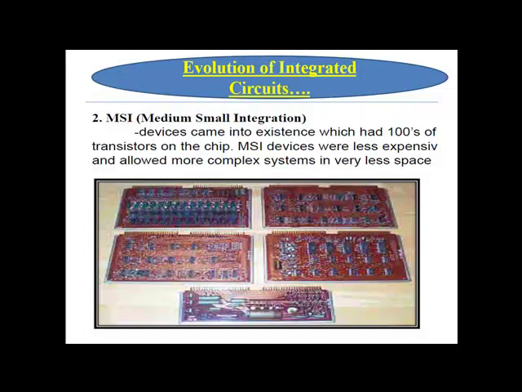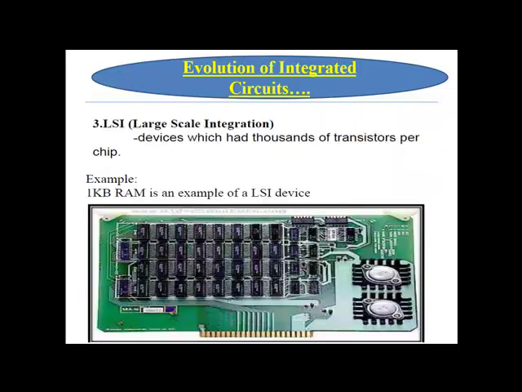In the same area we are connecting many more devices, and so many transistors means more functionality can be provided in a small area. So it is less expensive compared to SSI. For example, counters, multiplexers and adders are designed under MSI. Some figures are also shown in the slide. Next is the LSI, large scale integration.